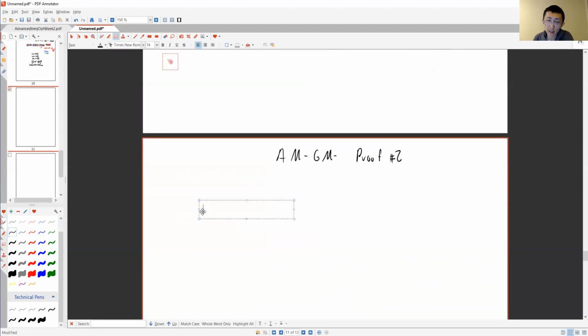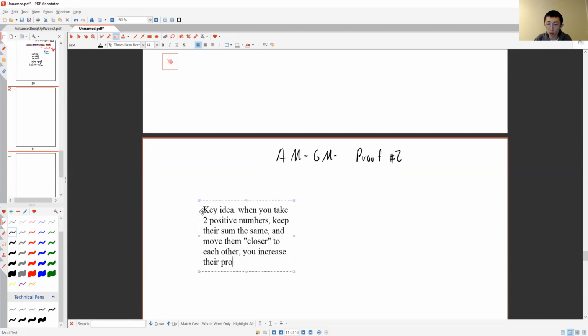So the key idea here is keep their sum the same and move them closer to each other. So let me see if I can work out an example.